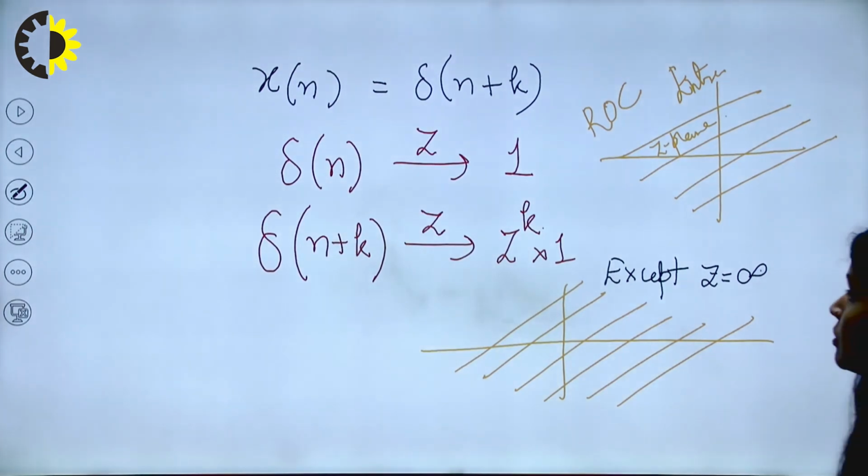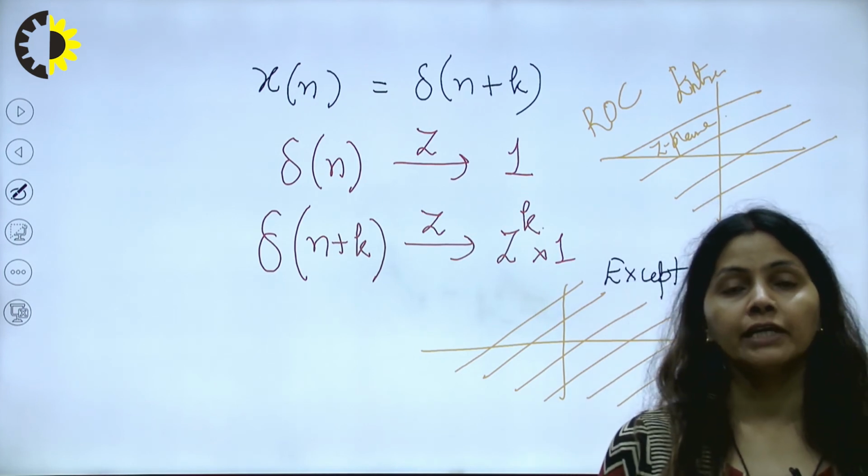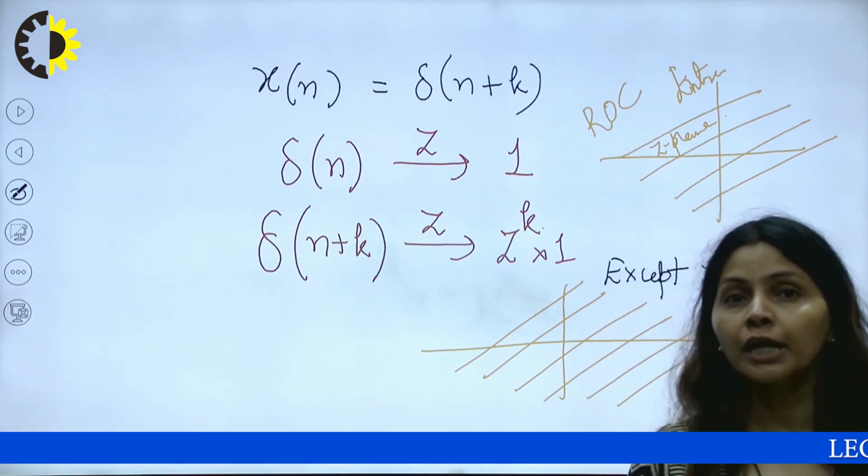So the ROC may get changed while applying the time shifting property.